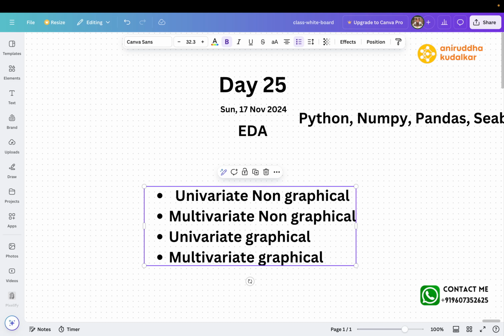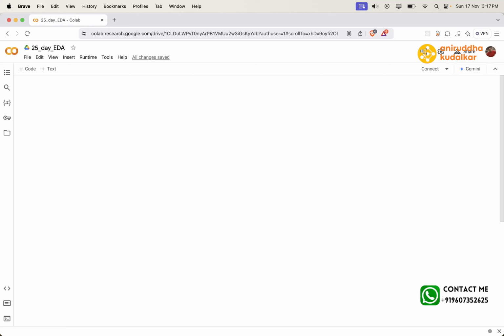So when you talk about the univariate, we understand a few things of a single variable like central tendency, spread, skewness, and the kurtosis.